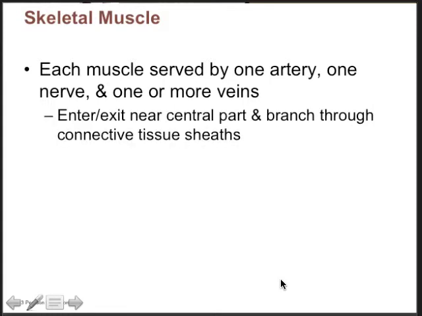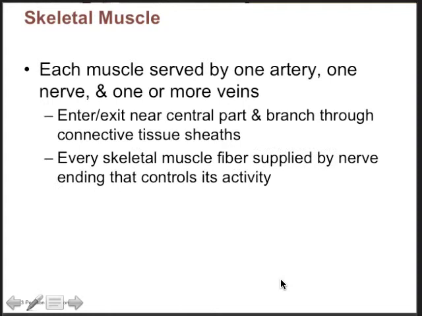They enter or exit near a central portion of the muscle, and they branch through connective tissue sheaths to serve every single cell. Every skeletal muscle fiber is supplied by a nerve ending that is going to regulate its activity. If it's not, then that skeletal muscle fiber will eventually atrophy and vanish.